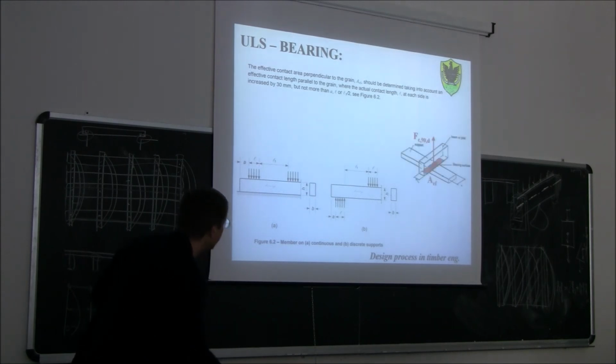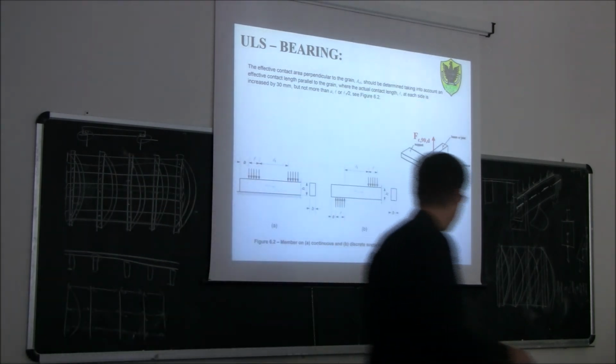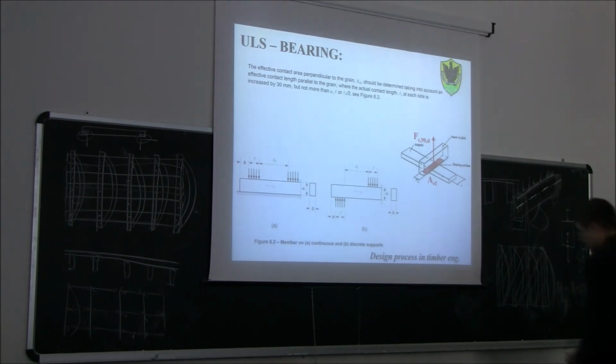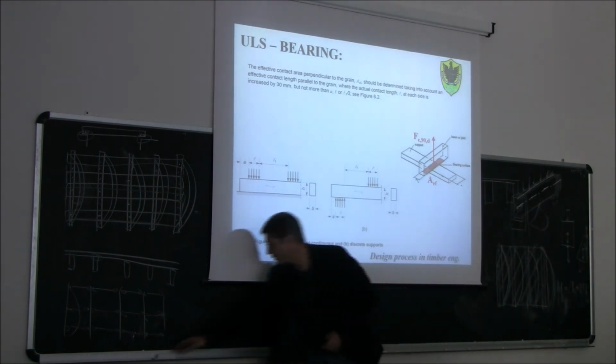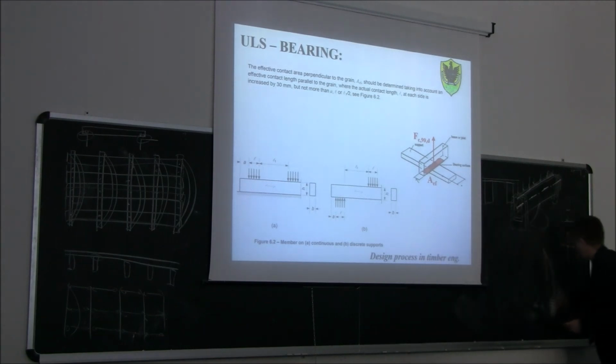So this means that in this equation, we would have an effective contact length slightly larger than the actual contact length. Why is that? Because we have a stress distribution in this contact length going this way.